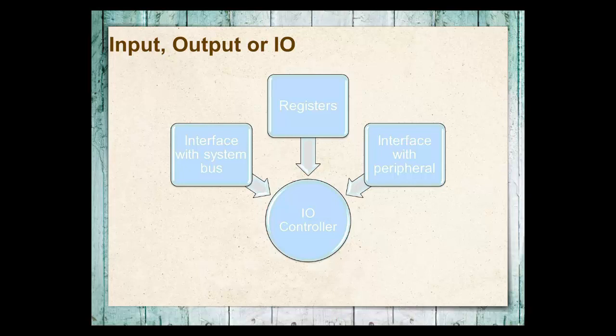Another set of electronics sits on the other side of the controller, and that allows the peripheral to communicate with the I/O controller. The central part, the registers, is where the data can flow between the two devices. It is in the registers that any control commands are sent, any data is sent.